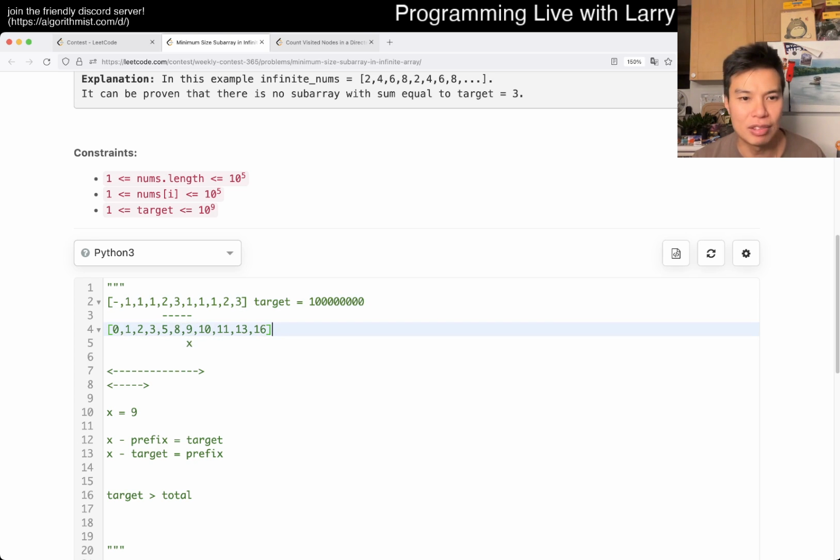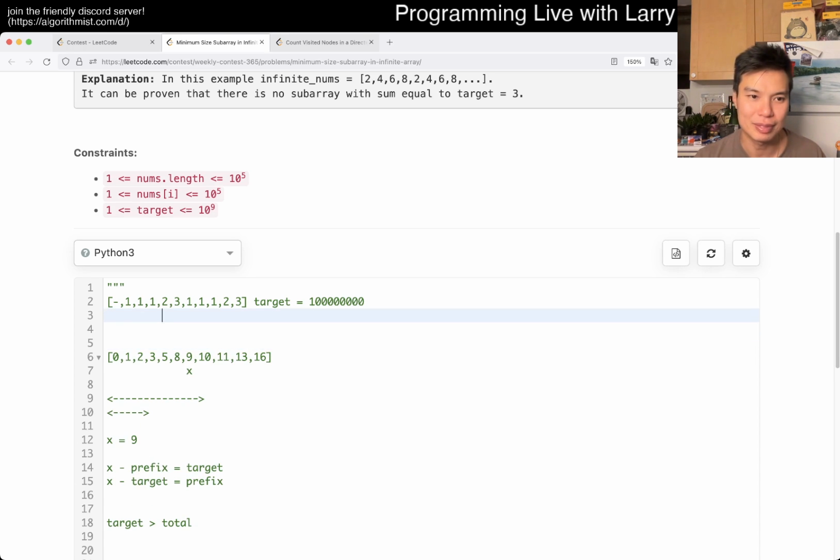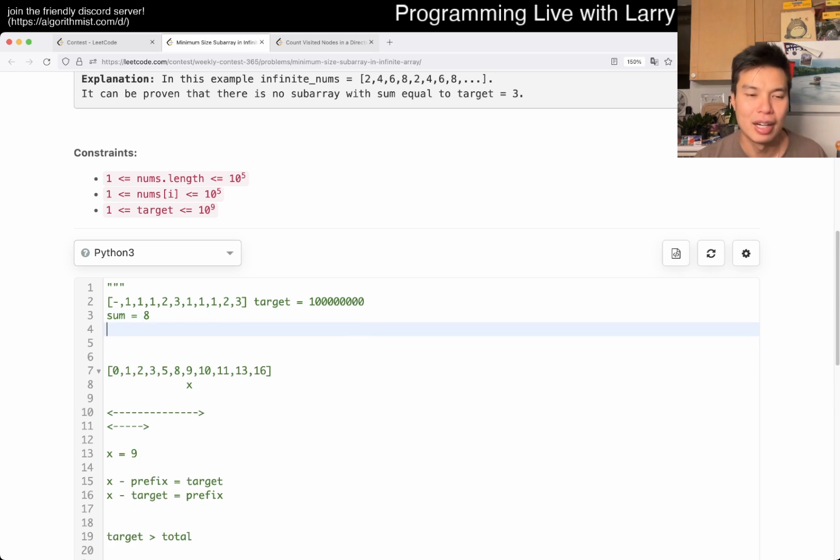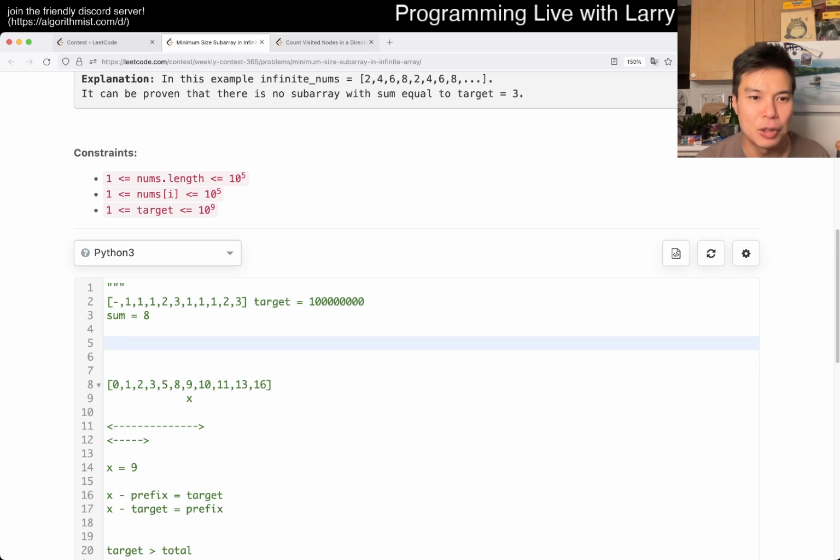Well, that means that given that the sum is 8, you basically have to loop over a lot of things, right? So let's just say sum, and then something like this, dot dot dot.